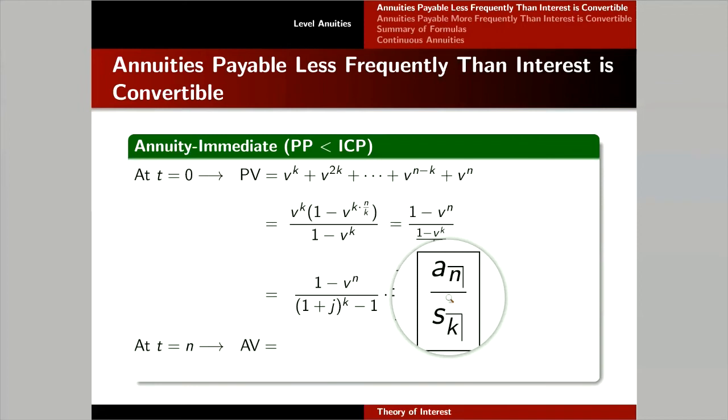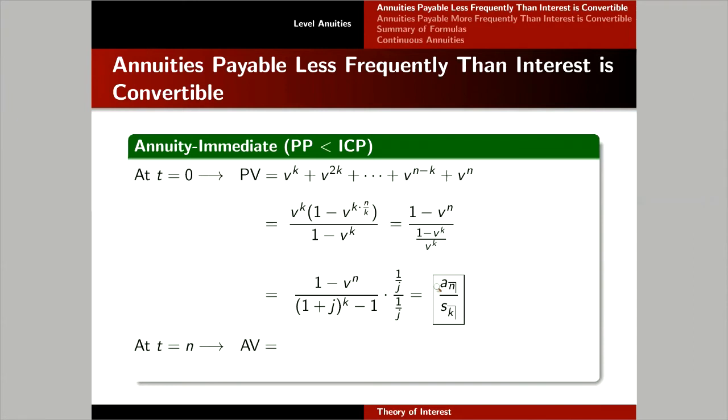You see? So you just use the accumulation factor. What are you going to multiply to A angle N over S angle K? It is simply 1 plus J raised to N. Right? Whatever the value of the present value, you multiply it by 1 plus J raised to N. That's how you carry the present value to time N.